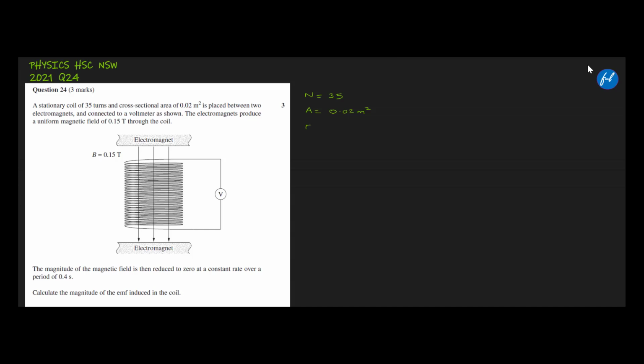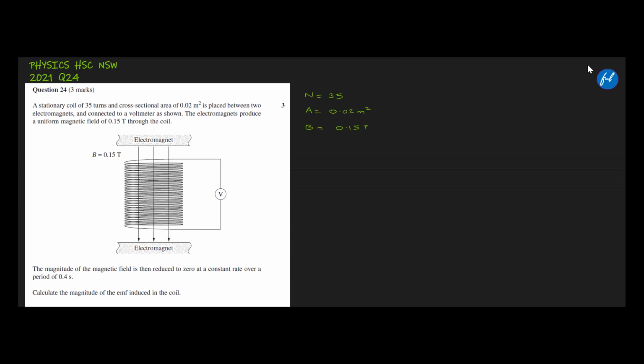Okay, so magnetic field is given as 0.15 Tesla. The magnitude of the magnetic field is then reduced to 0. So we have a variation in the magnetic field.